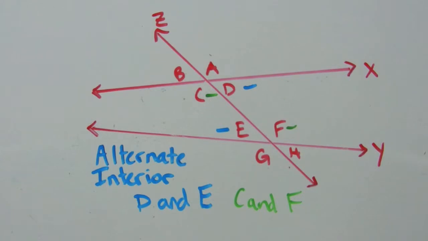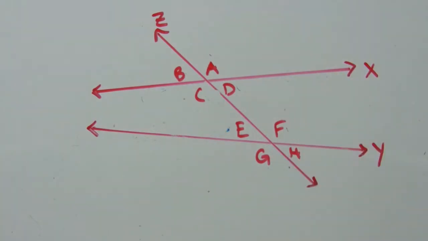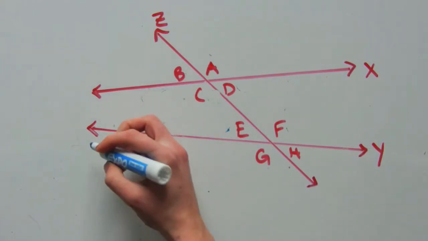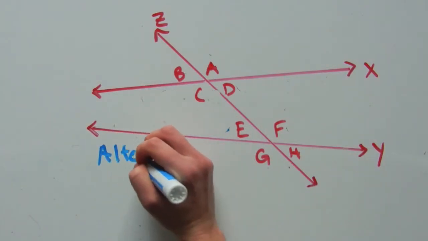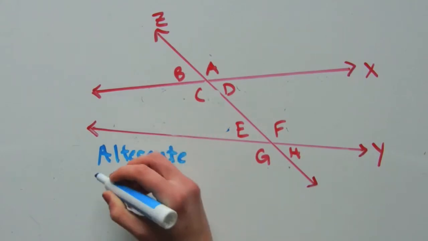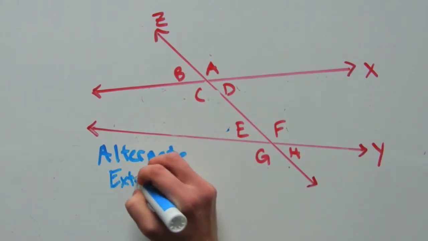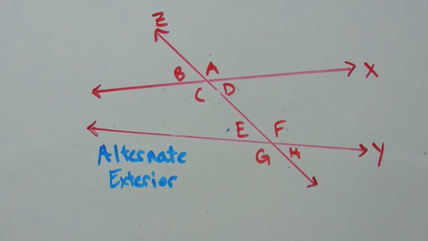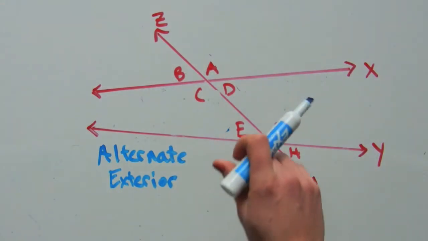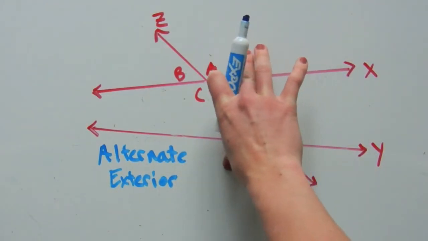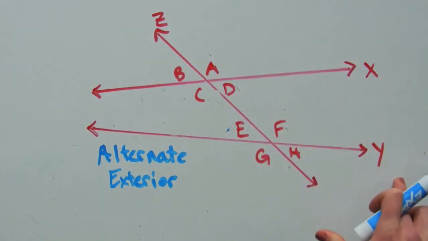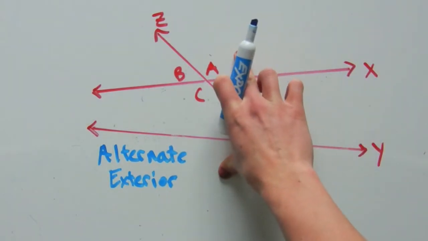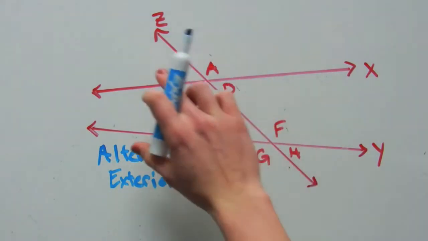Now that we've finished identifying interior angles in different ways, let's identify the exterior angles in different ways. First, we're going to go over alternate exterior angles. So alternate exterior angles would obviously be outside of the lines X and Y, and they would alternate sides.